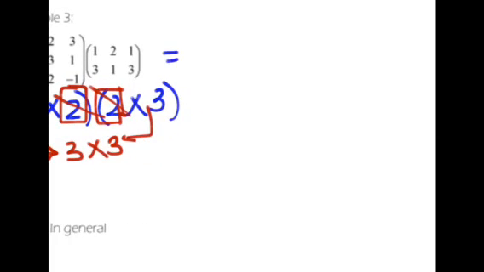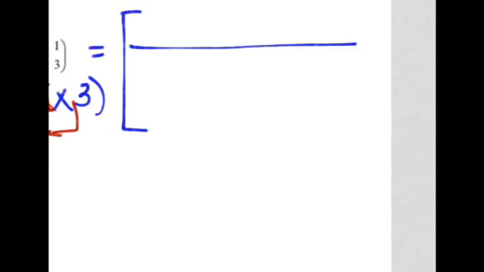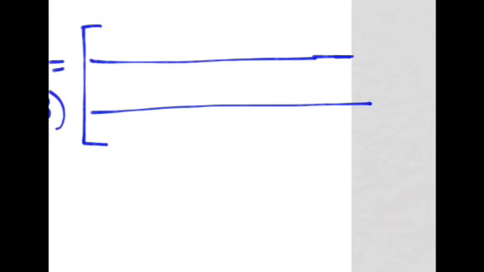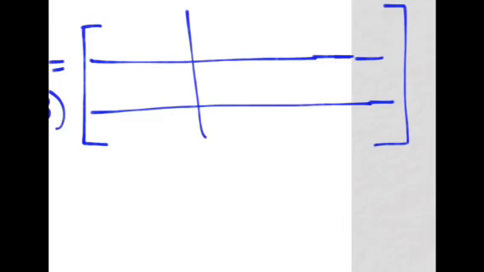So 3 rows and 3 columns. I'm creating 3 rows first. Hope this is big enough. And then 3 columns.